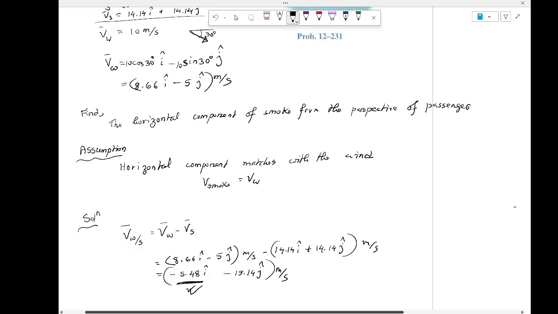And then finally we found the smoke x direction. So we found the relative velocity of the smoke with respect to wind, and from there we find the x direction, because i is the x direction velocity. You know that. Any questions so far? All right. Okay, I'll see you on Monday again.